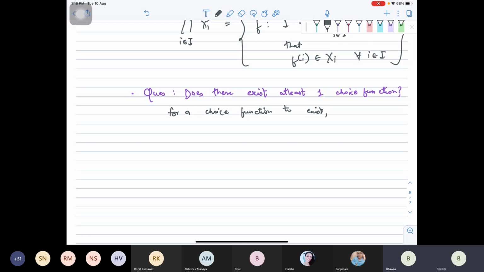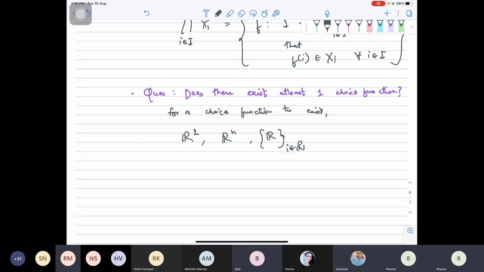Suppose you have R2. You know that R2 is non-empty and there exists one choice function. You know that if I take Rn, there exists at least one choice function, right? But if I take the collection of R, with R taken R times, do you understand?